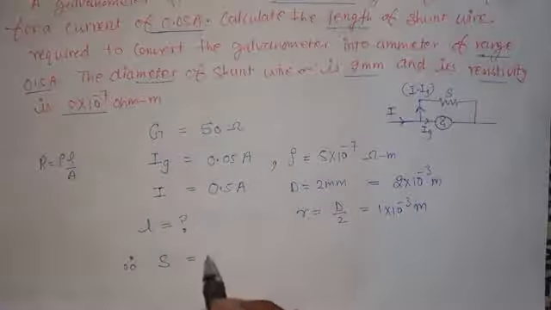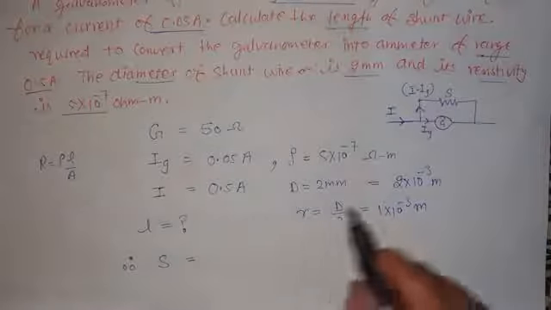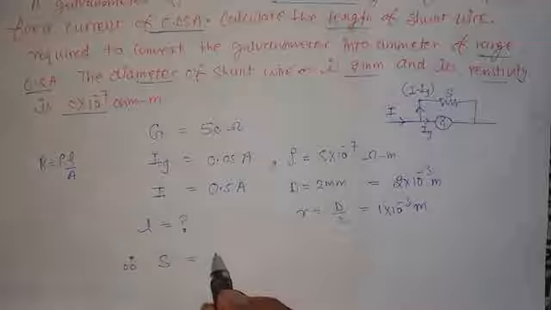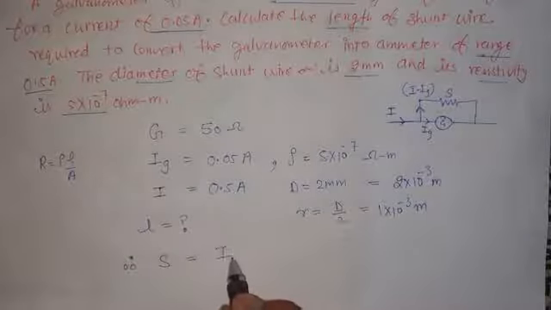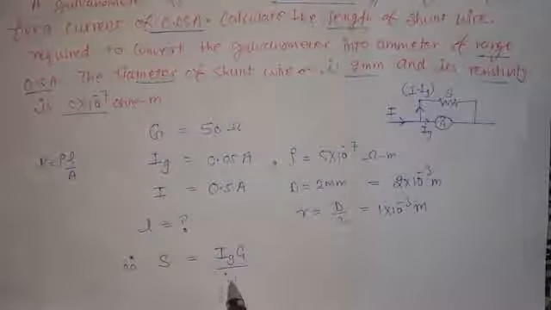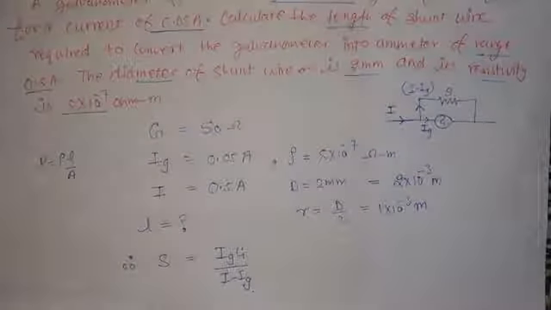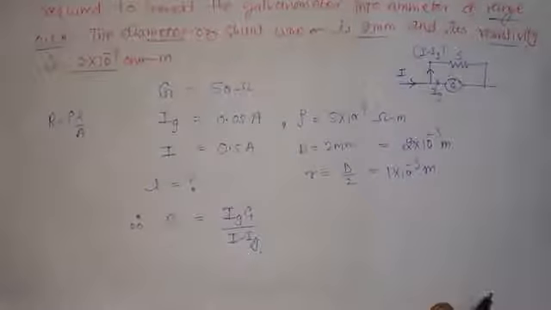the shunt resistance, how can we calculate it? So how can the shunt resistance be found? We get that the formula is Ig G upon the difference in the range. Okay, so this is the formula for calculation of the shunt resistance.